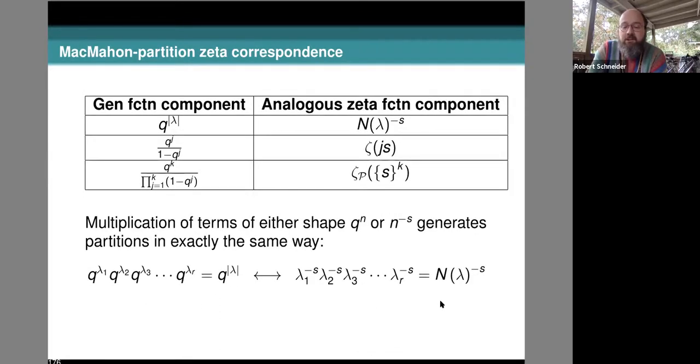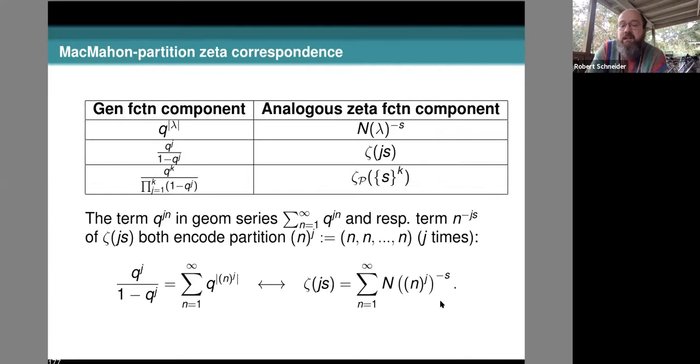Noting that the correspondence is that in each case, we're generating partitions into a single part, any part, repeated j times. The geometric series here corresponds to n repeated j times, like we saw earlier. And the zeta function also corresponds to n in the norm repeated j times, which gives you a j power.